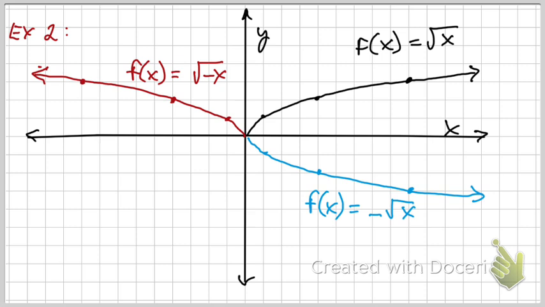That doesn't necessarily mean we're trying to find the square root of a negative number. It just says whatever x is, take its negative value. So right here, where it's saying x is -1, I'd have the square root of -1, which is the square root of 1, which is 1. And so I'm getting that point right there. Mirror image across the y-axis.